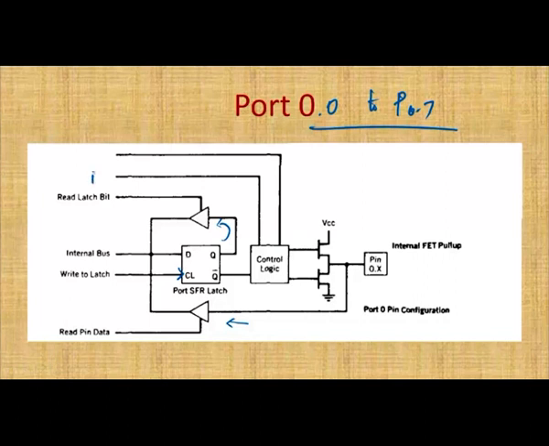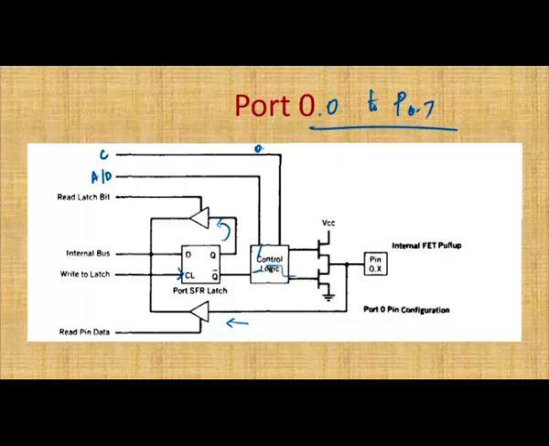This is the address or data line, and this one is the control signal. Within this control logic we have a mux which selects either this signal or this signal, so only the corresponding signal is passed here. Initially we consider the control signal as 0. So this is the general structure of port 0.